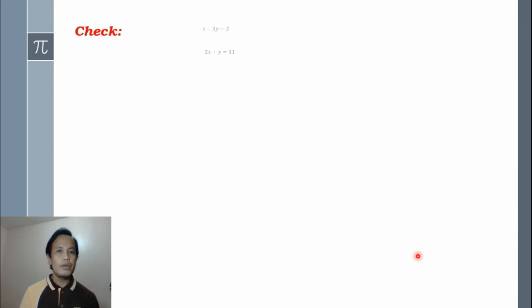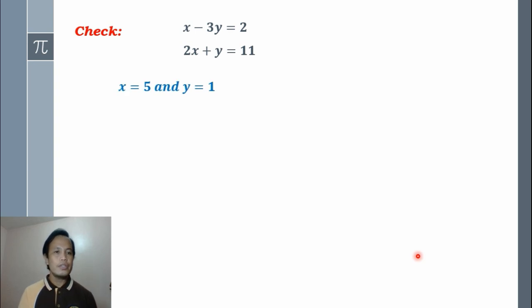Let's go back to our original equations to check these values, x equals 5 and y equals 1. We check equation 1, x minus 3y equals 2. Substituting, x is 5 and y is 1. So 5 minus 3 times 1 equals 2. Negative 3 times 1 is negative 3, and 5 minus 3 is positive 2.